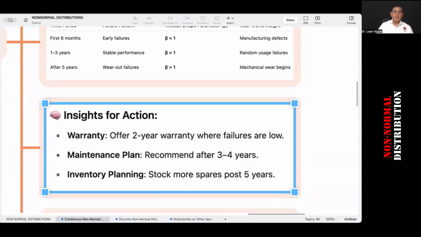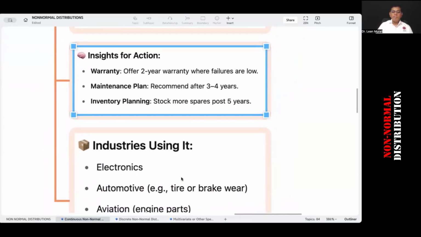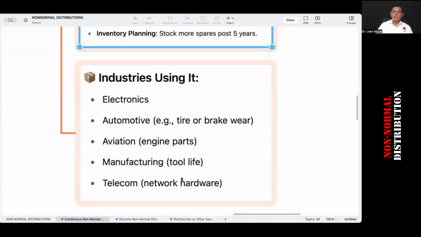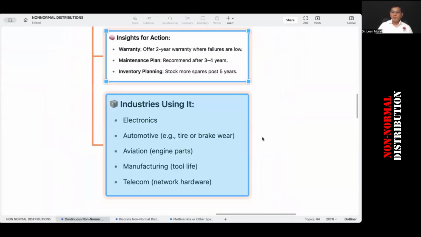The insight for action is that you can offer a 1-year, 2-year or 3-year warranty, or recommend a maintenance plan for 3 years or 4 years. I bought an AC, and they gave a card for the compressor, some 5 years warranty card. Then inventory planning, and so on. Industries like electronics, automotive, aviation, manufacturing and telecom all use this.